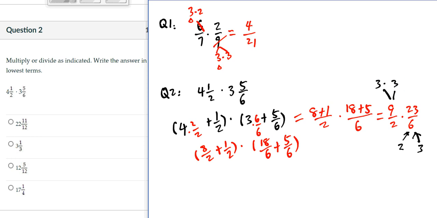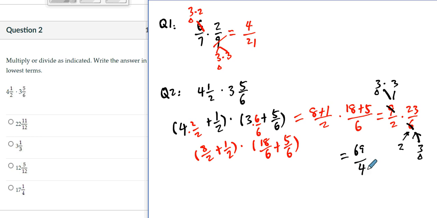So if you do that, you should have a 3 here, 3 here, they cancel each other. Then upstairs, what's left? Upstairs is 3 times 23, which gives you 69. Downstairs, 2 times 2, which gives you 4.